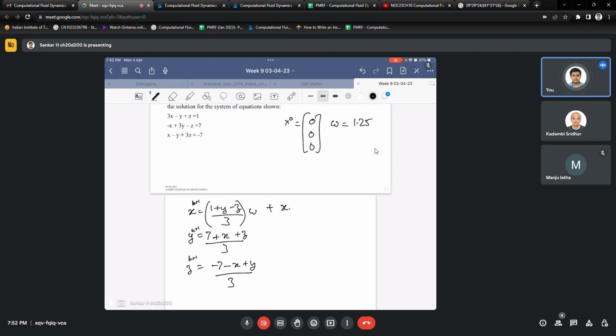I use the kth iteration values for y and z over here, the k plus 1th iteration for x, and the kth iteration for z over here, and both of them at the k plus 1th index over here. And I add and multiply with 1 minus omega for the value at the kth iteration for the corresponding element over here.